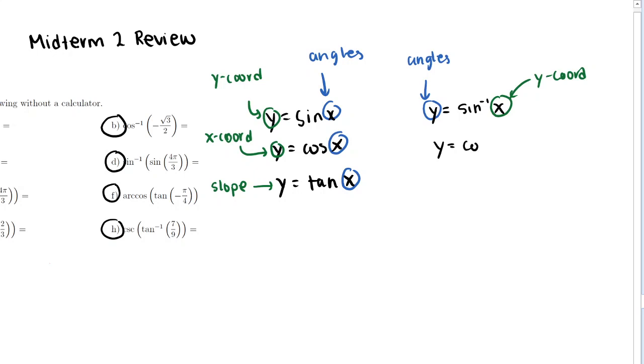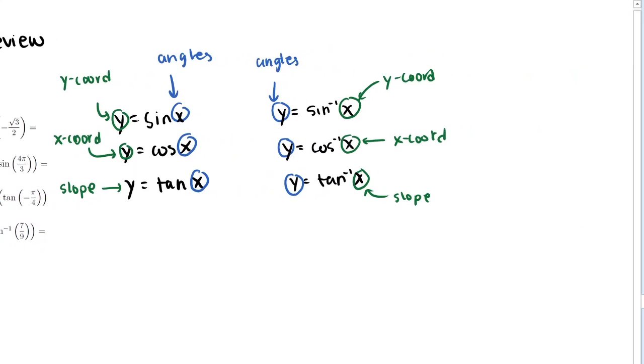So y is equal to cosine inverse of x and y is equal to tangent inverse of x. Here we've got inputs of the x coordinate and the slope. And these inverse trig functions again return angles. And so they don't just give back any angles. To make sure that they're functions, they return back angles in a specific interval.